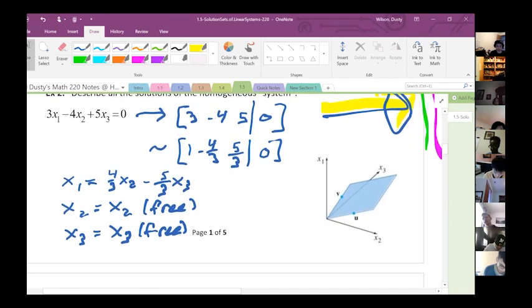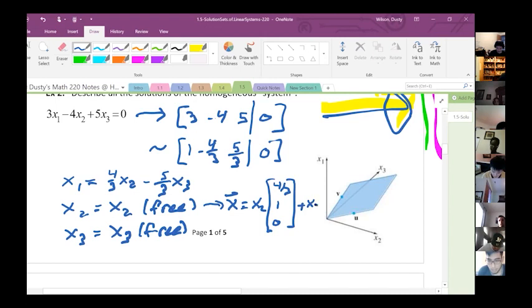So we can put this together to describe all solutions by saying that x is equal to x1, x2, x3. In this case, you'd have x2 times 4/3, 1, 0, plus x3 times minus 5/3, 0, 1.